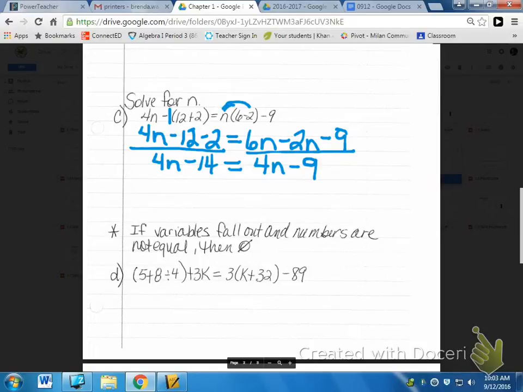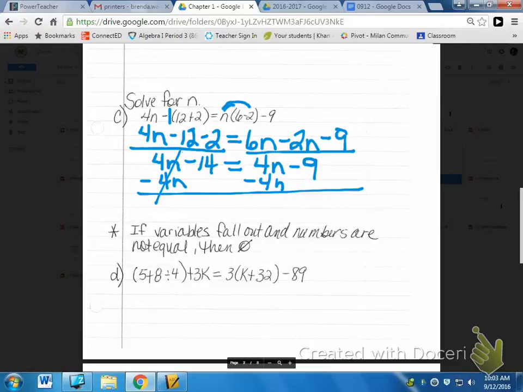You subtract 4n from both sides. And when I do that, what happens on the left? What's 4n minus 4n? 0. Yep, and I bring down what?